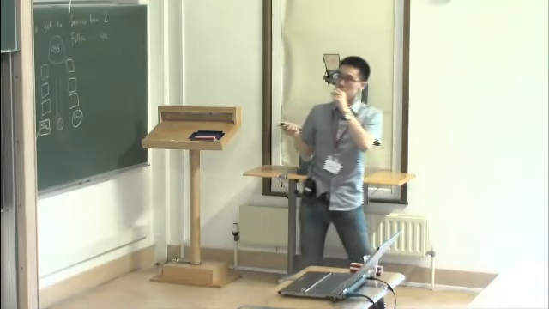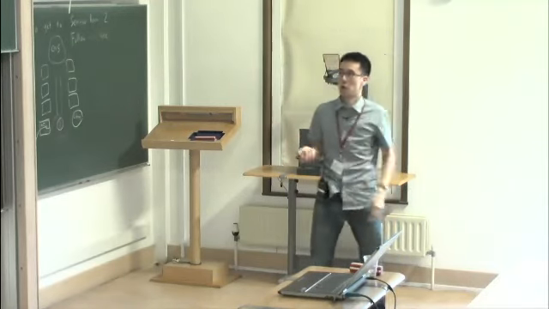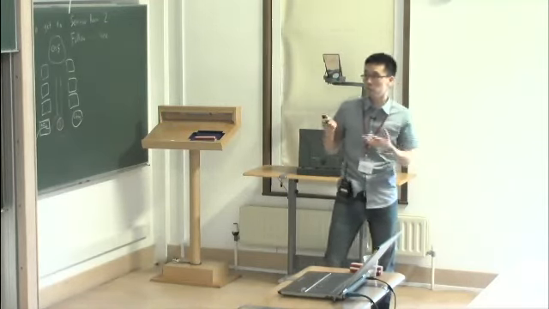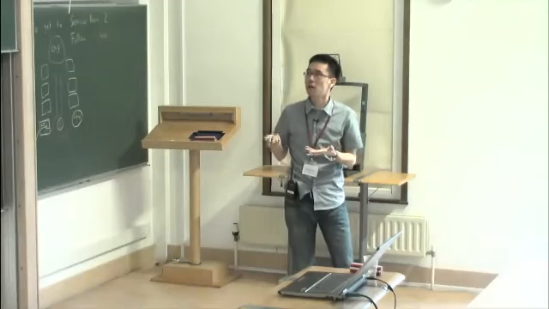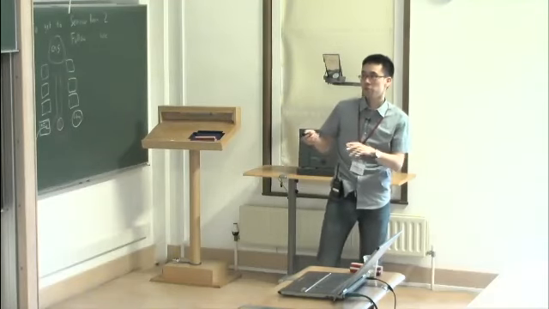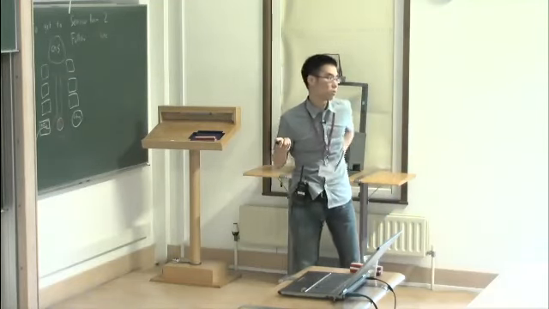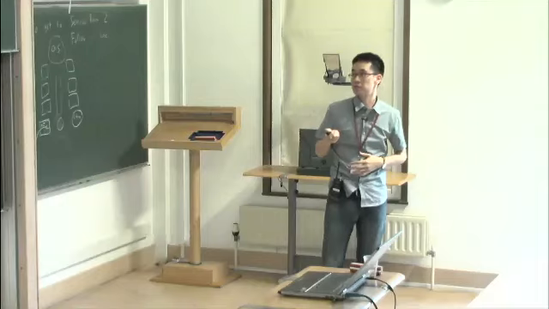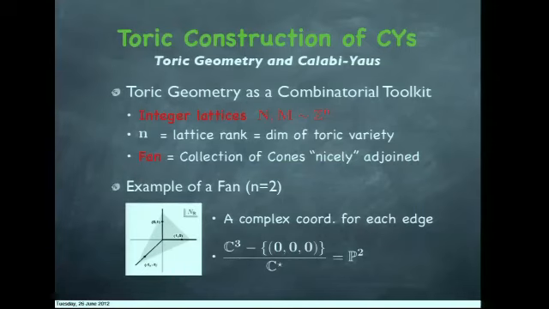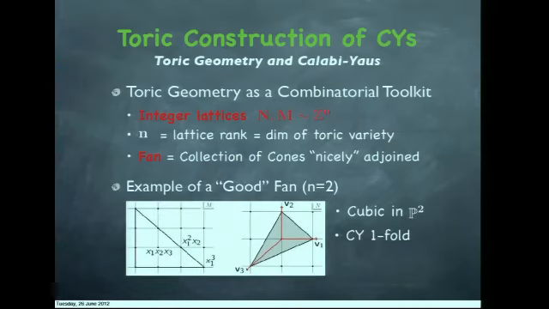Actually, it's not the end of the story. Some of the fans are actually good enough to describe not only toric varieties, but also Calabi-Yau hypersurfaces embedded therein. And this example actually turns out to be a good fan. So this figure on the right is exactly the previous fan.